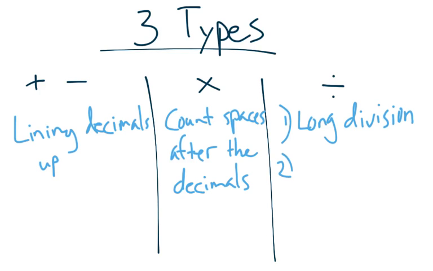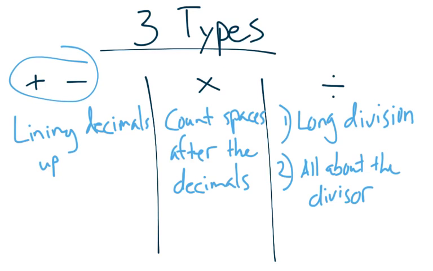And second, it's all about the divisor. And that one's going to need to be explained a little bit more. So all about the divisor. All right, so these are the three methods we'll be using for the three different types of problems that we'll encounter. You have addition, subtraction problems, multiplication problems, and division problems.